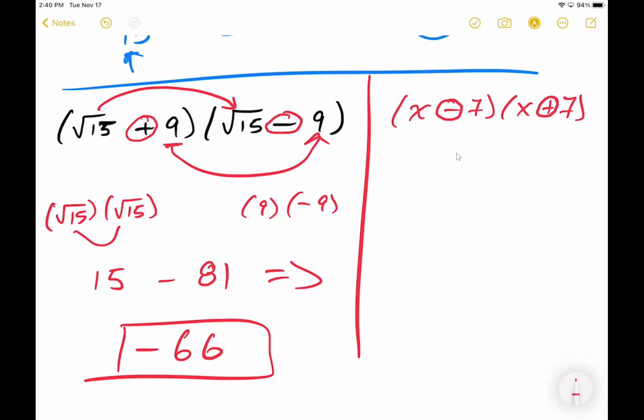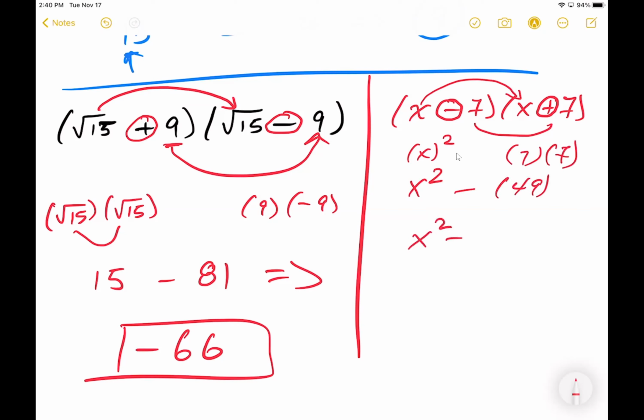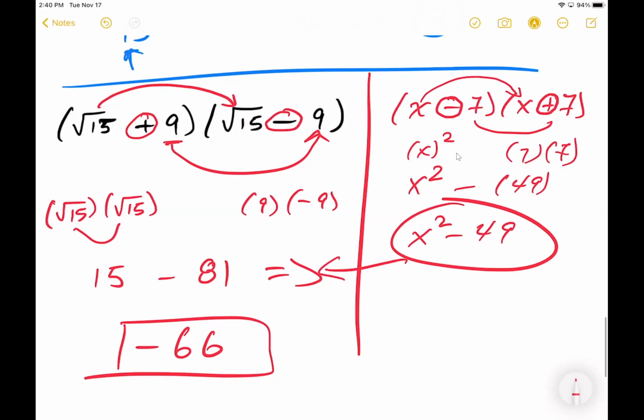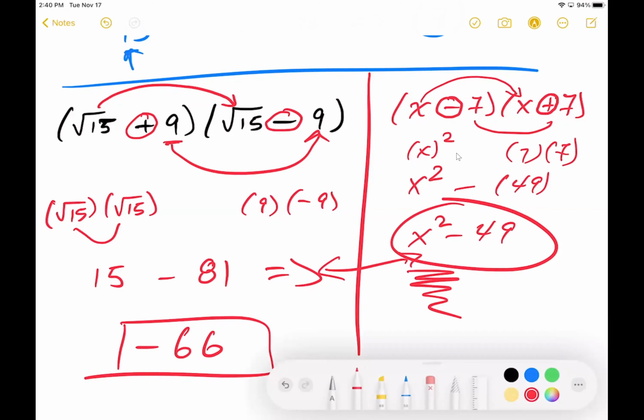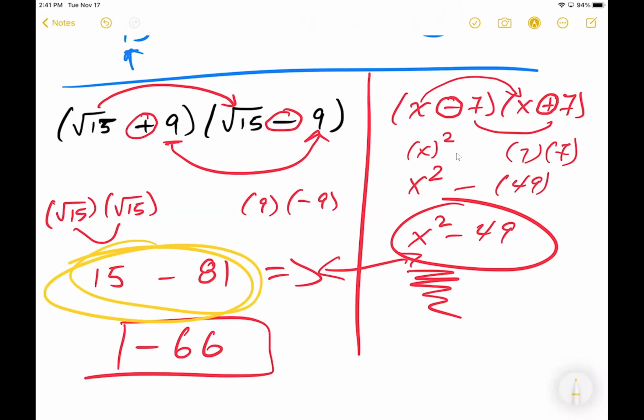And I told you that instead of FOILing them out, all we need to do is take the first term squared, which is x times x is x squared, minus the last term squared, which is 7 times 7. And 7 times 7 is 49. So this is what we had earlier. The only thing different from this one to the one here is that we have x and 49, and we cannot do anything. But the item over here is 15 and 81, because it's a whole number, a constant, then we can subtract them, okay?